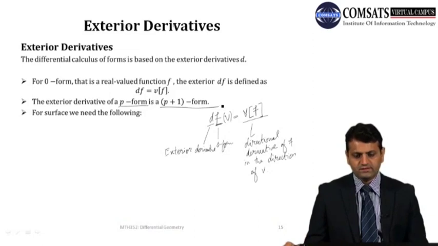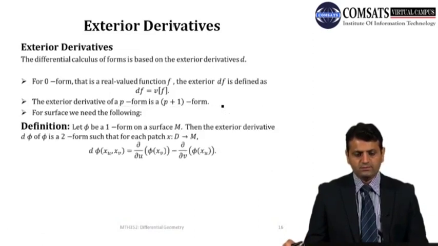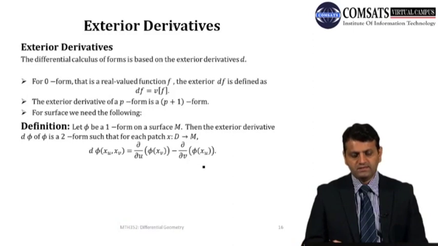So for surfaces we need to define the following, which is basically the exterior derivative of a one form. So इससे पहले हमने once again एक rough definition दी थी what is exterior derivative of a one form. अब हम इसको precisely define करने लगे हैं that what is the exterior derivative of a one form.